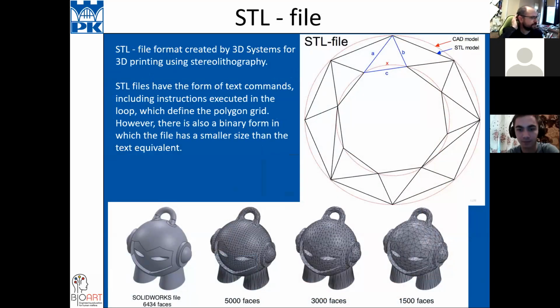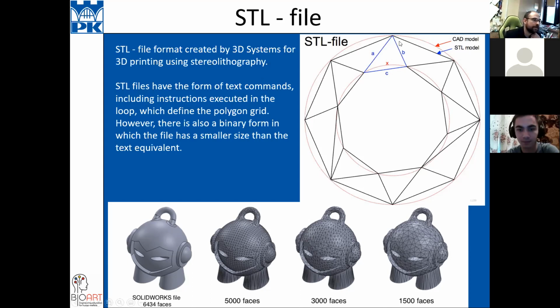Of course, this is a principle of how we make some prints. You must have some project, some samples. This is from SolidWorks, and you must make this structure into an STL file. And STL file is a format created by 3D Systems, of course, for 3D printing. These files have the form of text commands, including instructions executed in a loop.